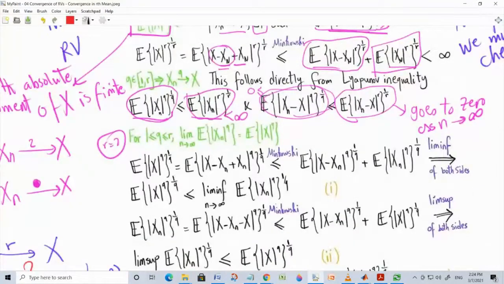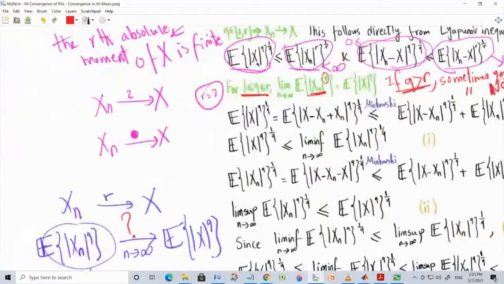For convergence in the rth mean, we can prove this property, and note that the proof is not for a general Q. So we are talking about moments with a Q that is between 1 and R. Again, if Q is greater than R, sometimes yes, sometimes no. The guarantee is when Q is less than or equal to R. Okay, let's do the proof.